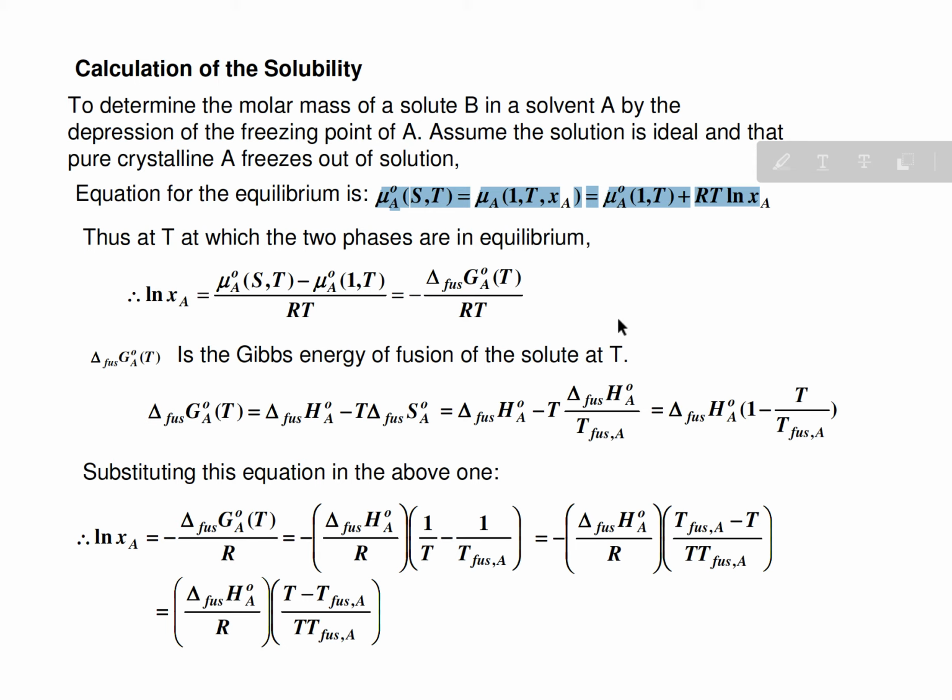Thus, at temperature T, at which two phases are in equilibrium, we can just substitute it. And this one is the Gibbs energy of fusion of the solute at T. So we have another equation, and substituting this equation in the above one, we have ln xA equals the following, and it follows this equation. Okay.